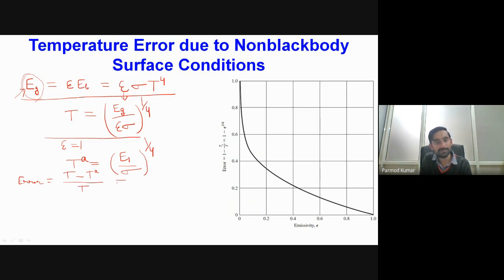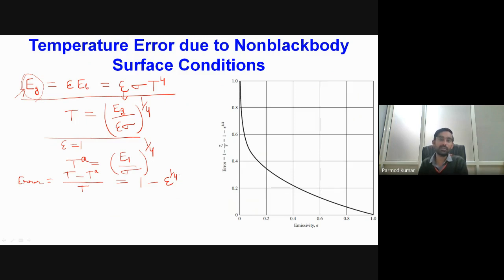Okay, so if you substitute the values of T and Ta over here, you will find that our error is nothing but 1 minus epsilon to the power 1 by 4. So if I do the substitution of T and Ta in this error equation, I finally find that my error becomes 1 minus epsilon to the power 1 by 4.